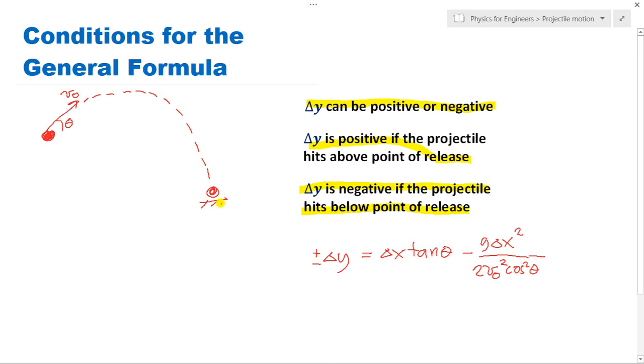So, therefore, as you can see here, our delta y now is already negative. So, negative delta y with respect to our initial position, which is above the impact position. So, I think we already know the conditions, the derivation of general formula.